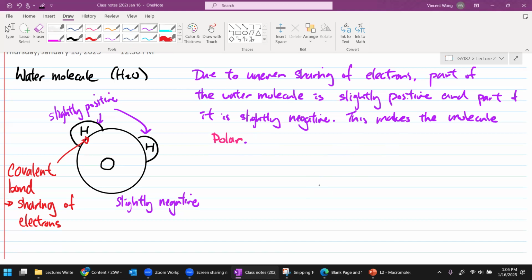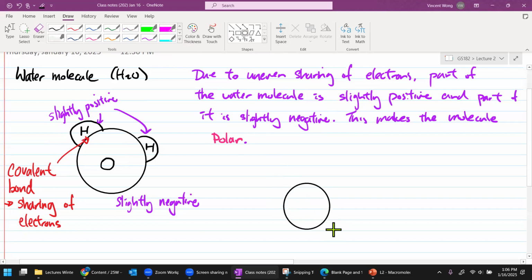There isn't excess or missing electrons. They are all there, but it's how you distribute the electrons in a molecule. Because of the property of oxygen, they pull the electrons towards itself. This part is slightly negative, and these parts are slightly positive. That makes the molecule polar.